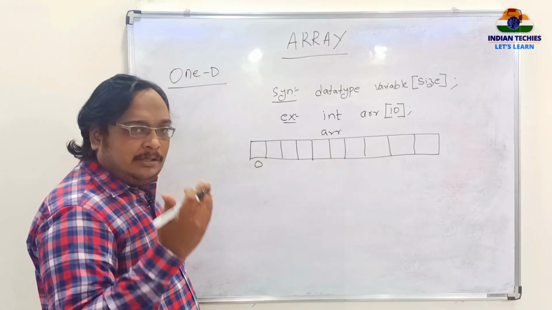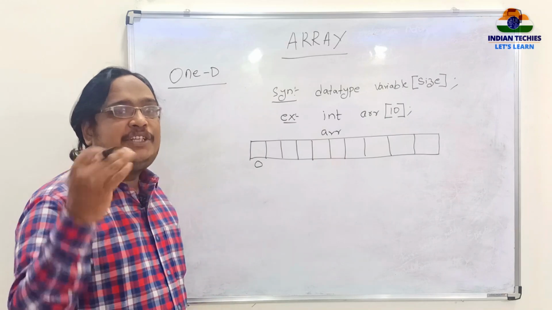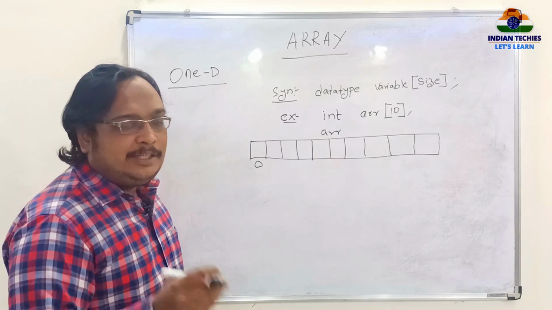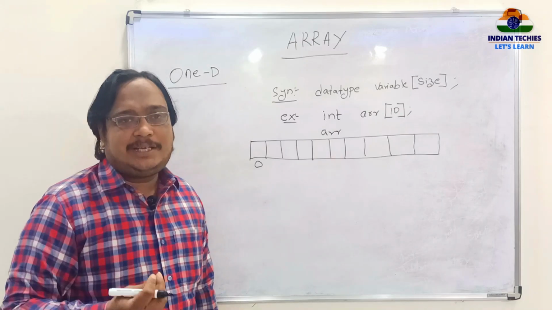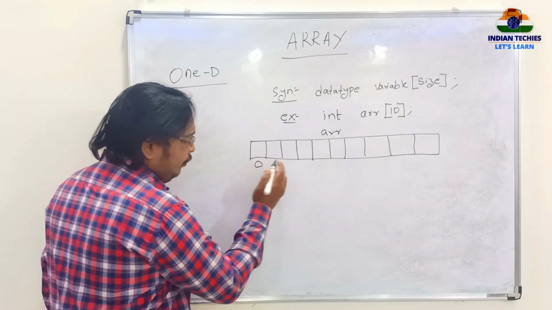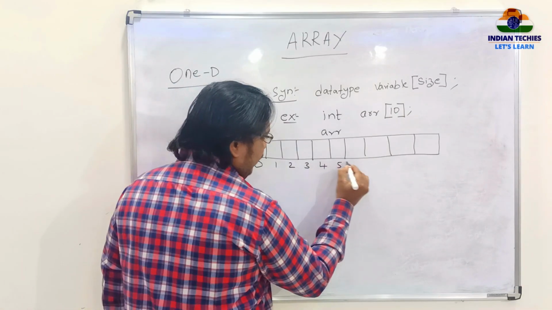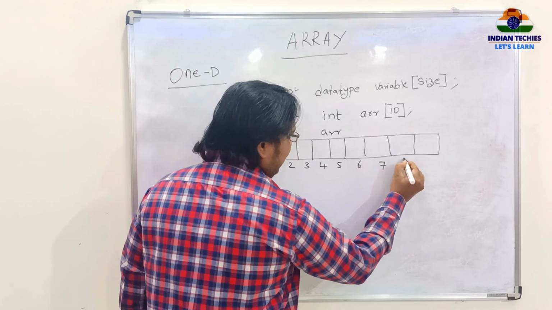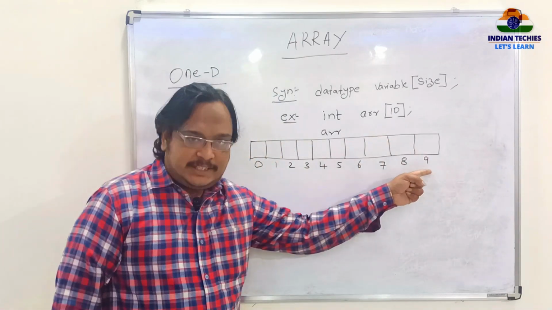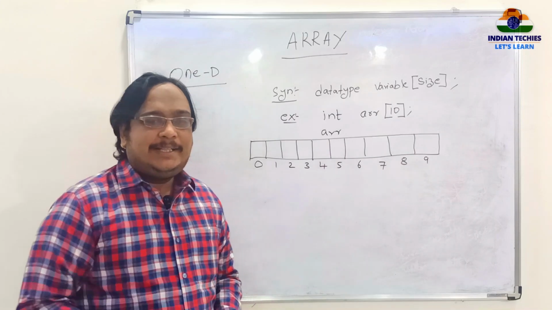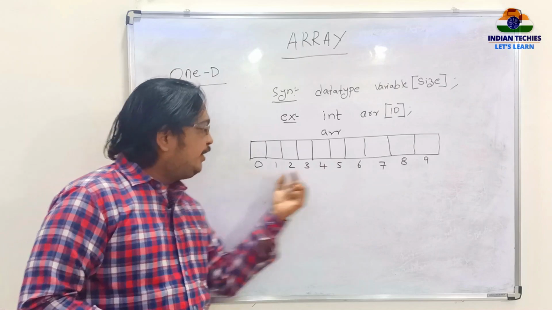Even though it should start from 1, array positions start from 0. This position is used to access the actual value allocated in the memory. So 0, 1, 2, 3, 4, 5, 6, 7, 8, 9. The total count is 10, but internally the index positions allocated for this array for accessing are from 0 to 9.